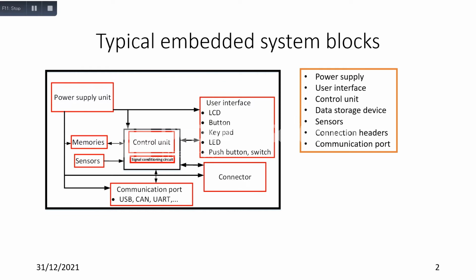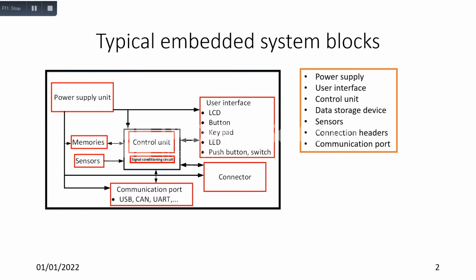The main purpose of the power supply unit is to distribute power to different embedded system units. User interface. The purpose of this unit is to enable the user and embedded system to interact. User interface can be LCD, button, keyboard, or LED, or push button or switch.